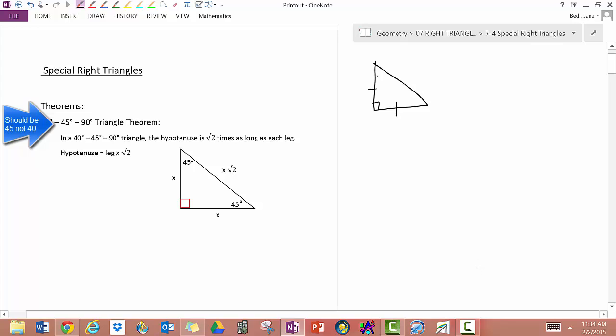If it's isosceles, the legs are congruent and these angles are 45 degrees each. So we also call this kind of triangle a 45-45-90 triangle. Again, the side opposite the right angle is the hypotenuse.